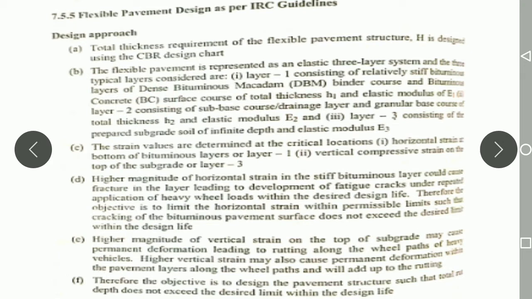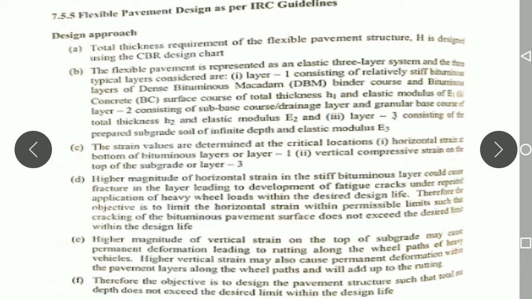The thickness is considered H1 and the modulus of elasticity, as we know, is different for each layer, here it is E1. In the second layer we have the sub base course and the granular base, with thickness H2 and modulus of elasticity E2. Similarly, the last layer is the prepared subgrade.